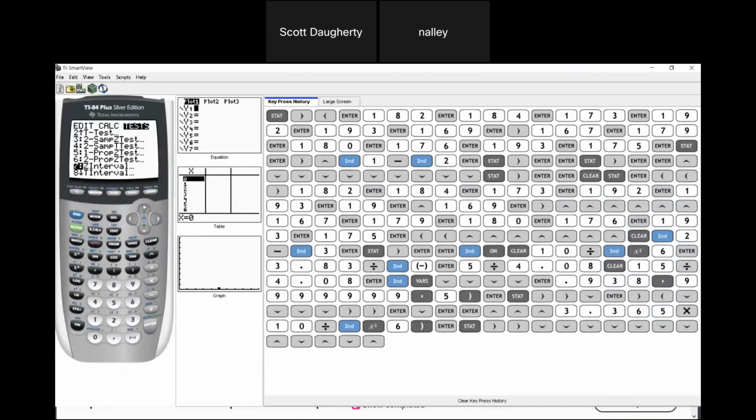If you knew sigma, it would be a z-interval. But if you don't know sigma, then it's a t-interval. And the data, I've already got the data, so I can do that, or I can do the stats. If you do the stats, this is your D bar, this is your S sub D, it's 6, and you do a confidence level of 0.98.